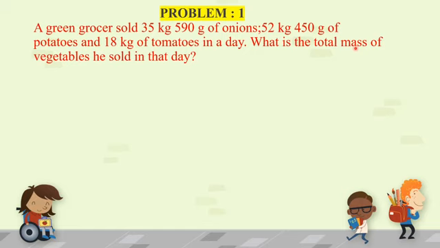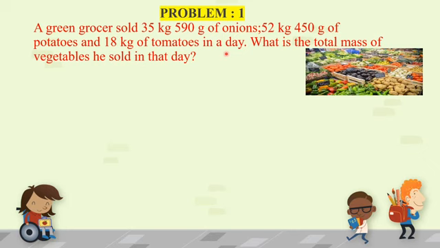So we have to do addition. We have to add the numbers over here to find out the total mass of vegetables sold in a day. So here we're going to proceed with the solution. Let's go and solve.